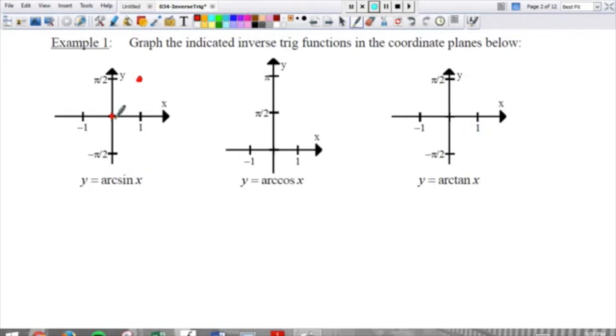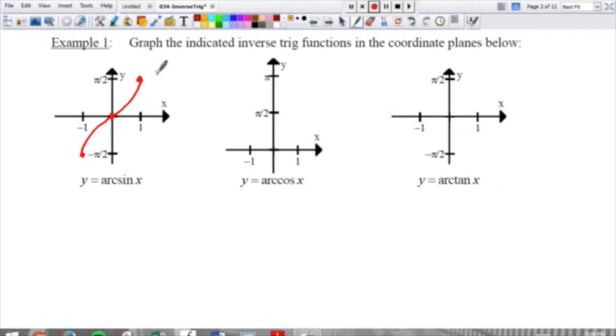Sine of 0 was 0, and sine of negative pi over 2 was negative 1. Now, it looks linear. It's not. It looks kind of like this, which is kind of like a tangent looking thing, except it has endpoints. Notice the dots. Do not draw arrows, ever.